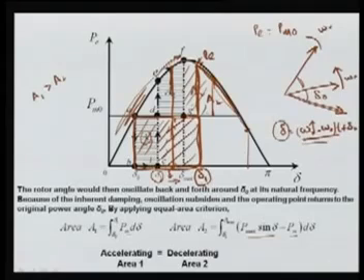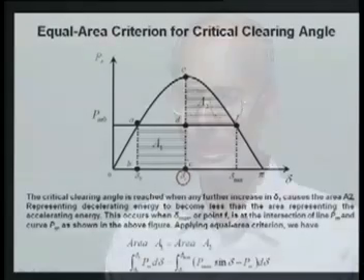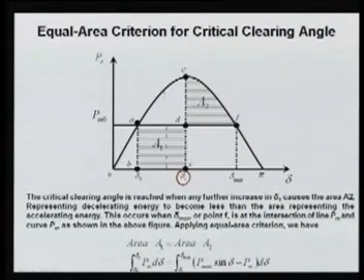In the next slide we will see that delta C is your critical clearing angle. We want to determine this so that if your fault is cleared before that, say here, then this area A2 will always be more than your area A1, meaning your system will be stable.